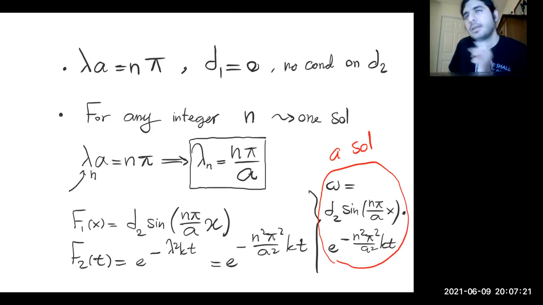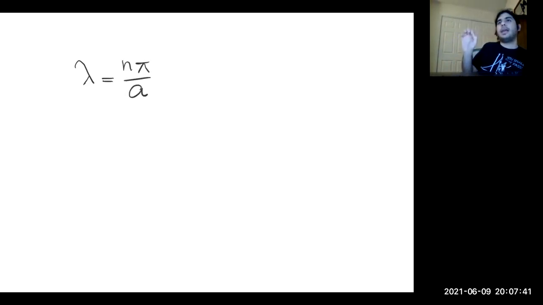Now there's one small point here. Okay, let's go to the next page. If we choose lambda being equal to n pi over a, if you change n to minus n, we wouldn't get a new solution.